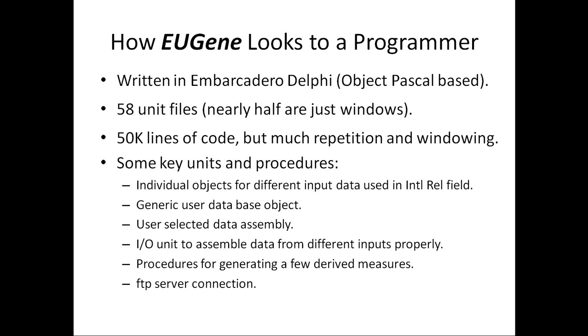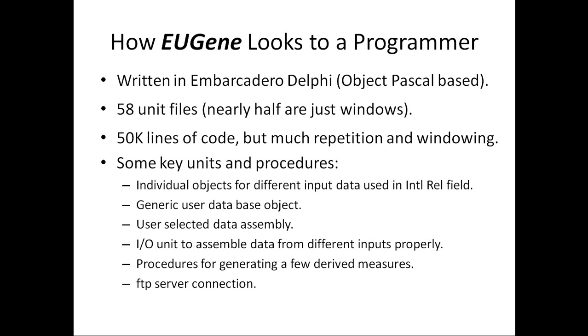A few other things worth noting about EuGene is that it was written in Delphi, which is a Pascal-based language. This is an underlying limitation that users of EuGene would not have necessarily noticed, but the actual underlying code for EuGene was very cumbersome. As a result, that made it difficult for it to be a very flexible software.